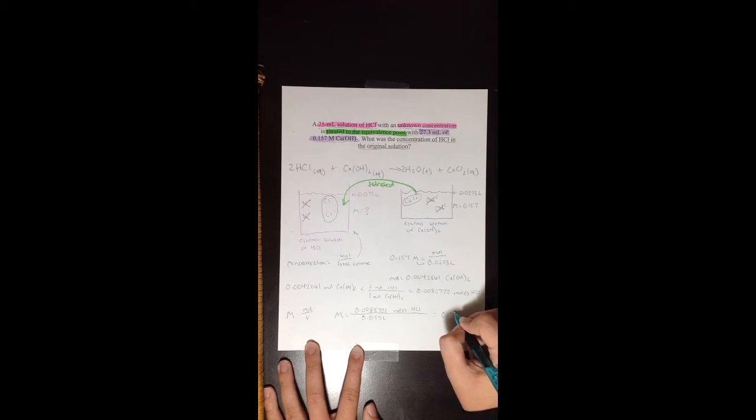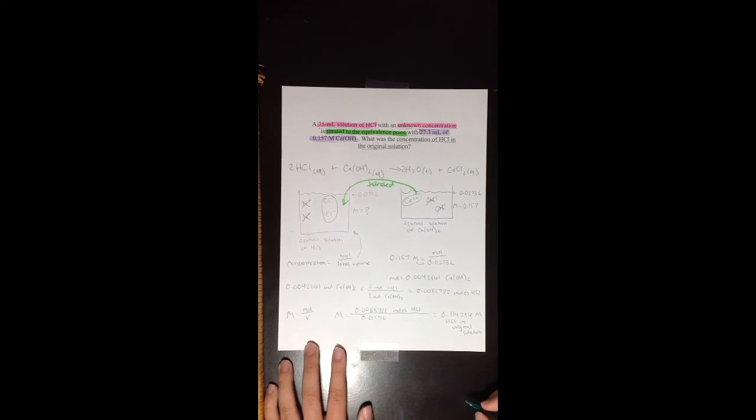When you get these and calculate it, you get 0.114296, and that's your concentration of HCl in the original solution.